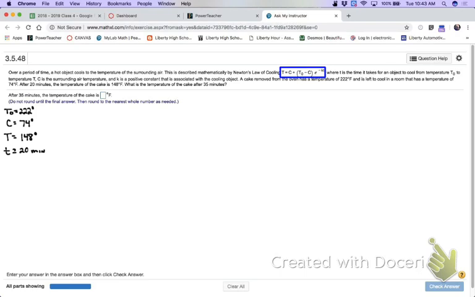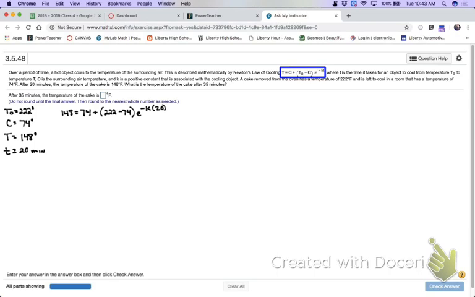So what I want to do is take 148 equals 74 plus 222 minus 74 times e to the negative k times 20 power.